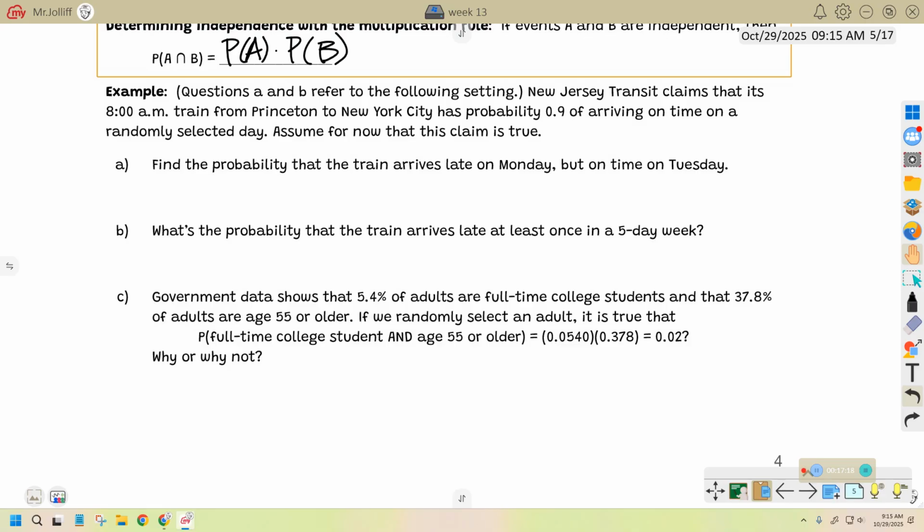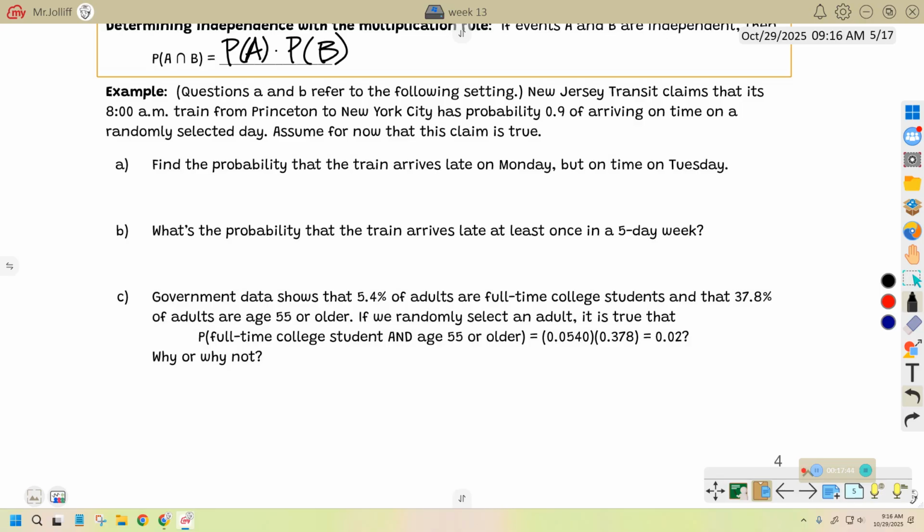Assume for now that this claim is true. Find the probability that the train arrives late on Monday, but on time on Tuesday. Late on Monday, on time on Tuesday.